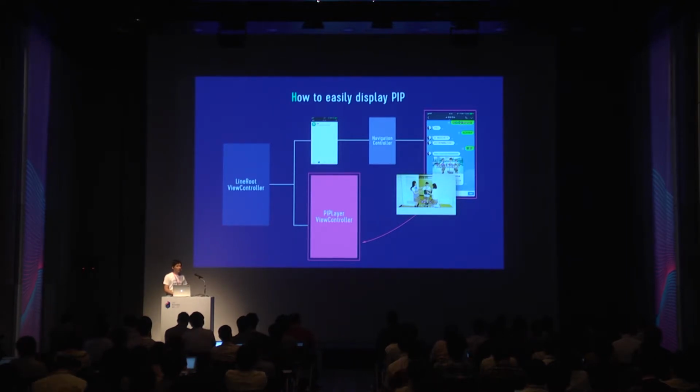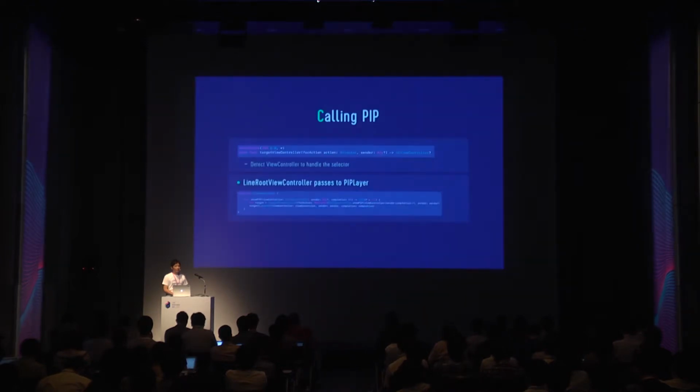In other words, handing over a certain object to the PIP layer seems quite difficult to do. Therefore, targetViewController(forAction:sender:), which is a UIViewController API, was used. This method was added in iOS 8, and the logic of transitioning screens is delegated to the parent view controller.